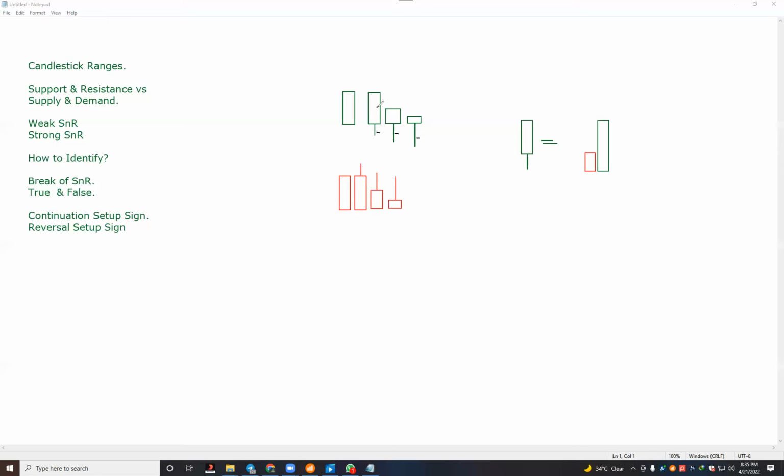Are these sellers active or failed? Active. Here the sellers failed, and here the sellers are active. So active sellers maybe can do something, right? Yes. So you need to understand this point.